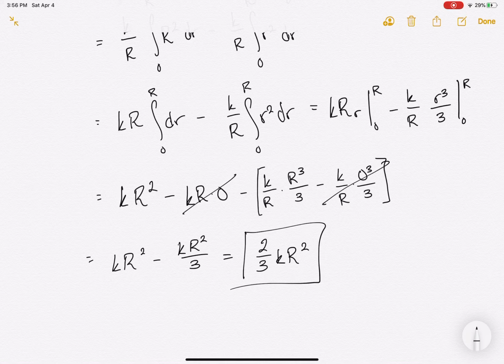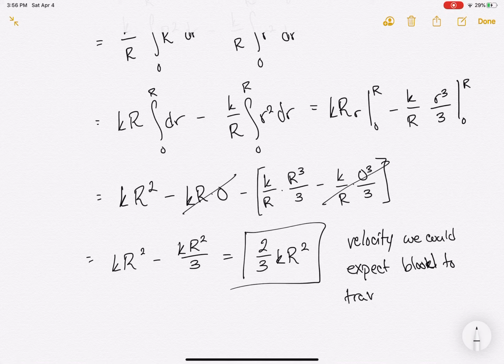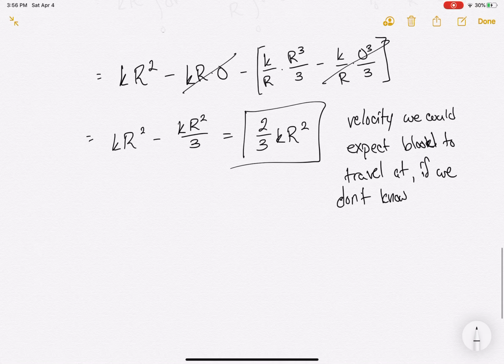So this is kind of the average velocity. In some sense, this is the velocity we could expect blood to travel at if we don't know the thickness of the arterial wall.